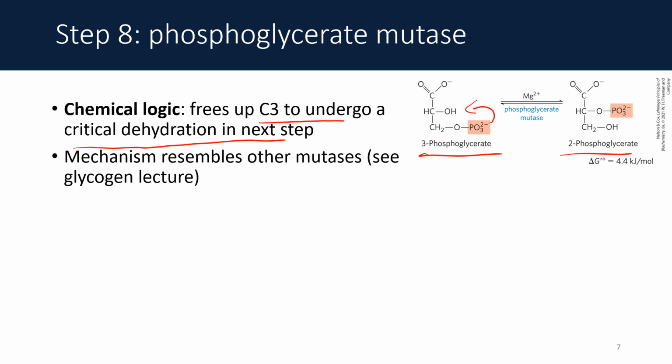And in more good news, I've already taught you how mutases work. Flip back to your notes in the glycogen lecture to see how phosphoryl mutases operate. In that case, it was phosphoglucomutase. This has the same mechanism as that, so no need to go over that again.